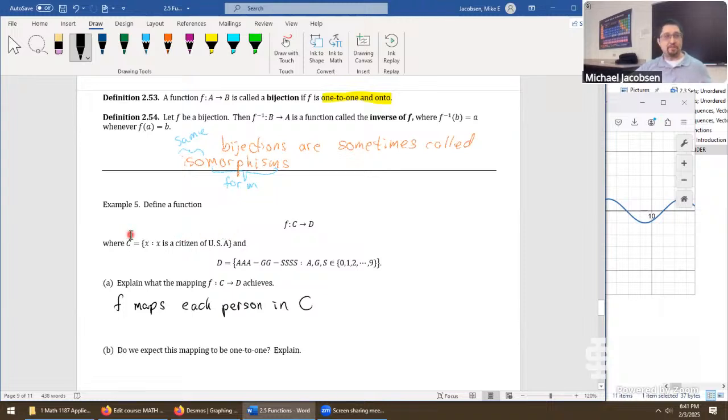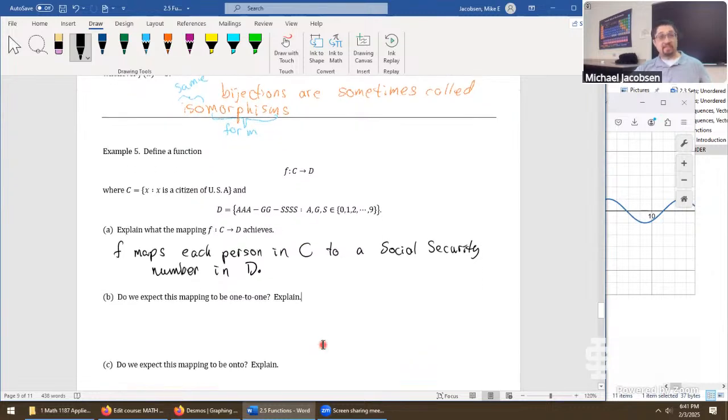I'll just call it C for short. It maps each person in C to a social security number in D. So it's a massively important mapping.